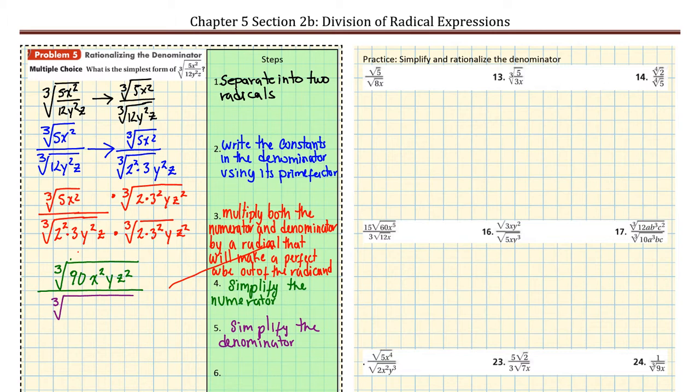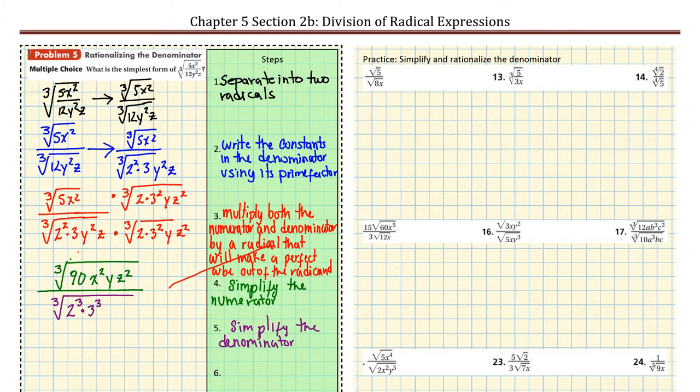Now notice what happens. The power is 3, the index is 3. Hint, hint, they're going to cancel out. Same thing with the 3. You're going to have 2 cubed, 3 cubed, then y cubed, and then z cubed.